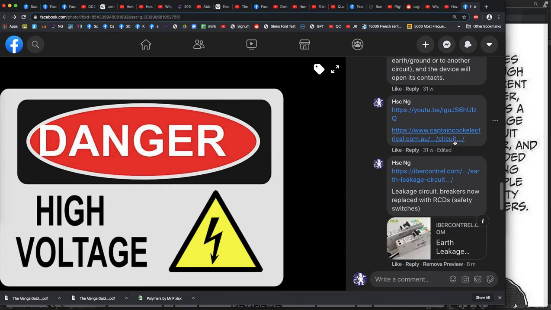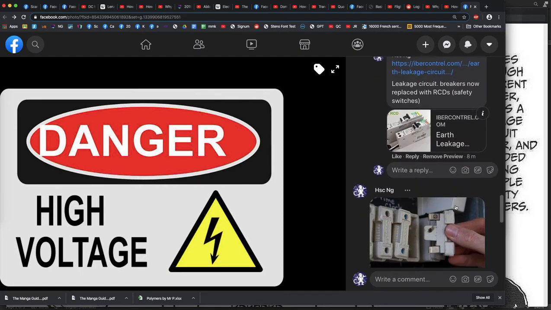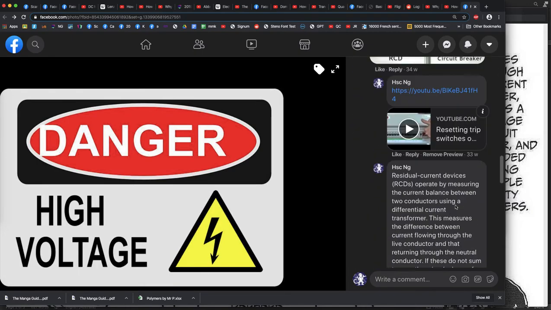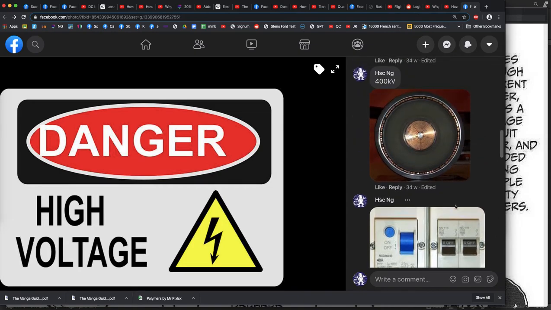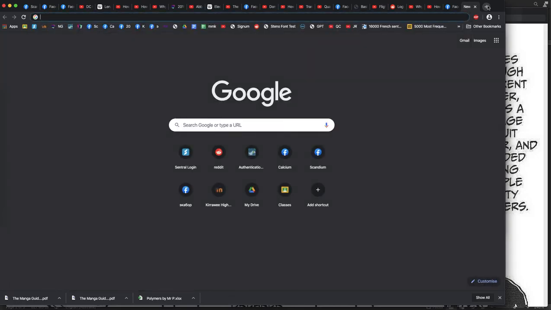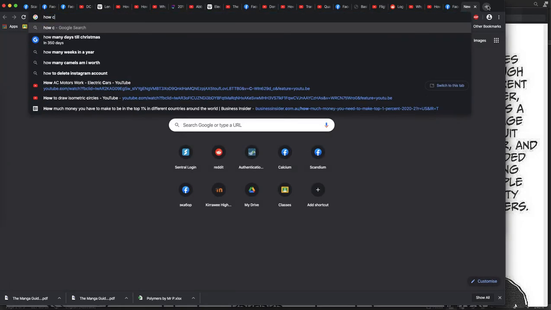Okay, so what would be great is how circuit breakers work. Do I have that? Okay, how circuit breakers work is through thermal expansion.